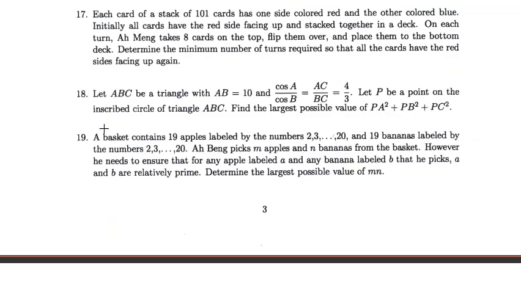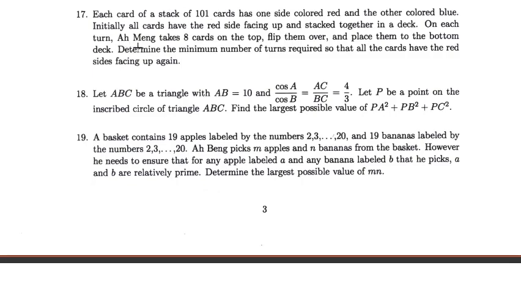SMO Singapore Mathematical Olympiad 2021 open section round 1. Problem number 17. Each card of a stack of 101 cards has one side colored red and the other colored blue. Initially, all cards have the red side facing up and stacked together in a deck.